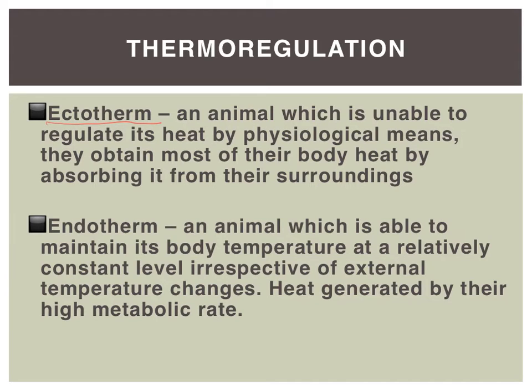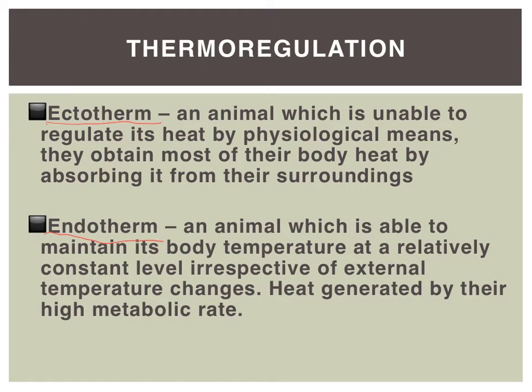Reptiles, invertebrates, fish and amphibians are almost without exception ectotherms, and their body temperature normally varies directly with that of the external environment. On the other hand, the opposite of that is an endotherm, and that is an animal which is able to maintain its body temperature at a relatively constant level, independent of the temperature of the external environment.